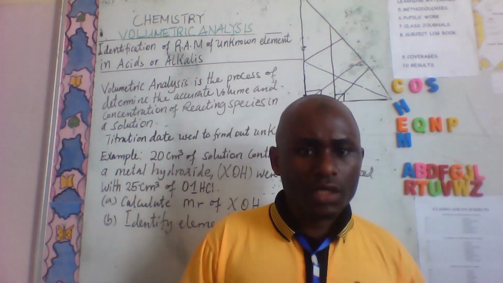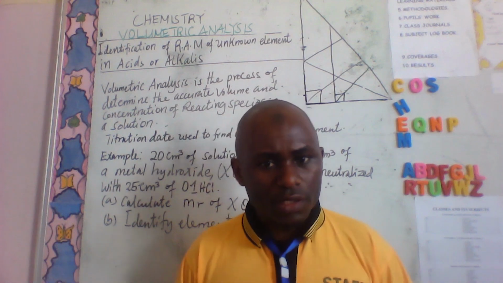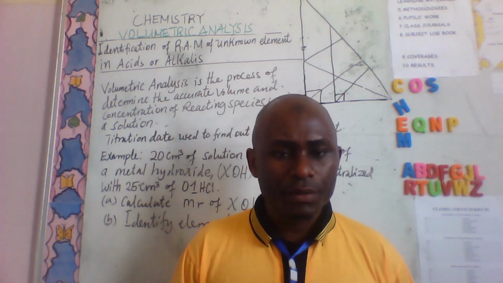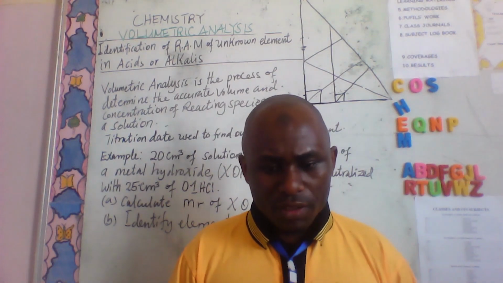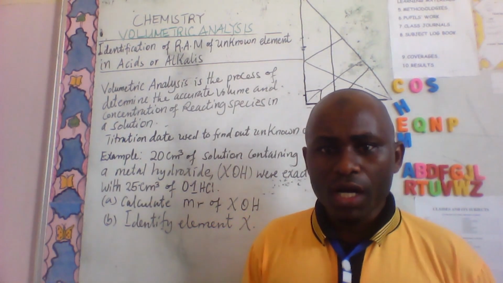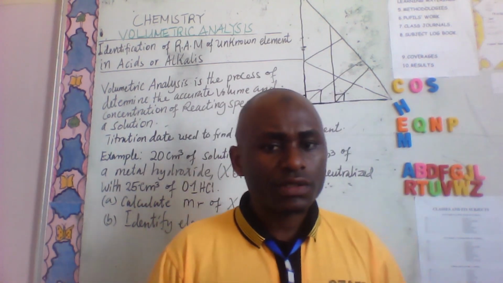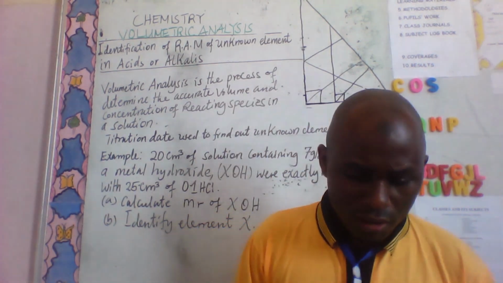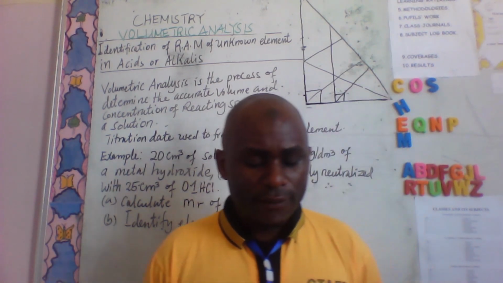To deal with the calculation in order to find the relative atomic mass of an unknown element, we are supposed to know the concept of volumetric analysis, due to the fact that the relative atomic mass of a given element is worked out from titration data, in which the titration data is the output of the process of volumetric analysis.